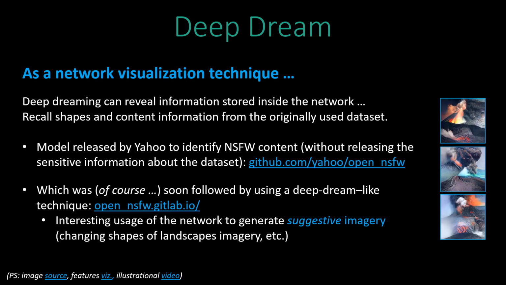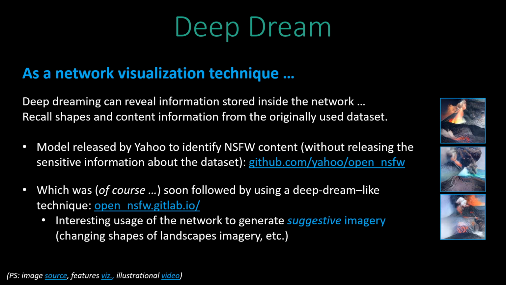Okay, as an additional example or further illustration of what I was saying, that the contents of a trained neural network can somehow be revealed through this technique: there was a model released by Yahoo some time ago to identify not safe for work content, and they did this without actually releasing the sensitive dataset, right?